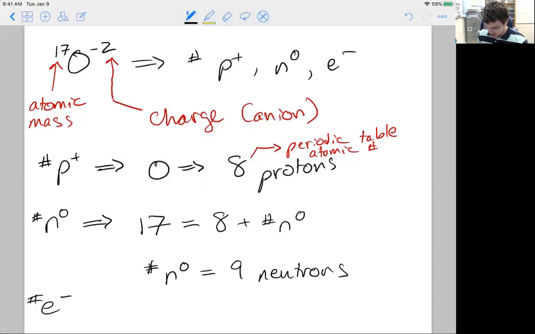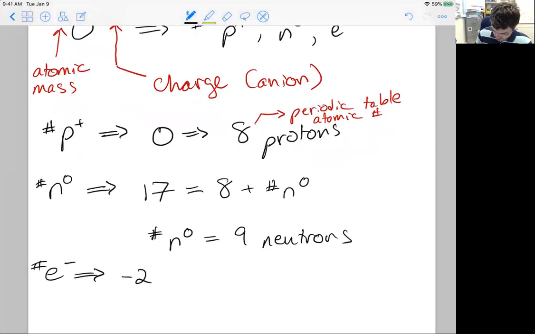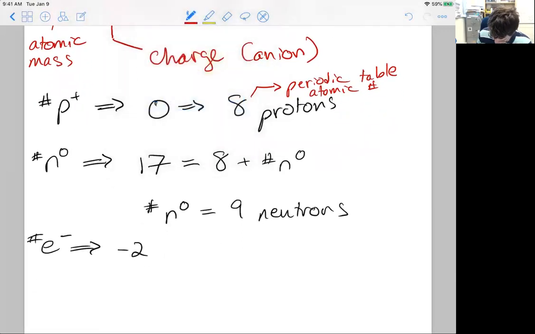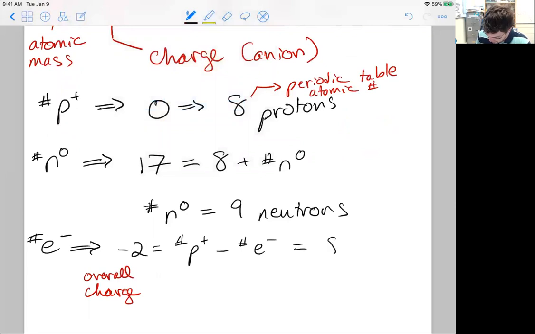Okay, the number of electrons, so we are 2/3 of the way done. What we do is we set the overall charge, which is -2 in this case, equal to the number of protons minus the number of electrons, which is 8 minus the number of electrons.